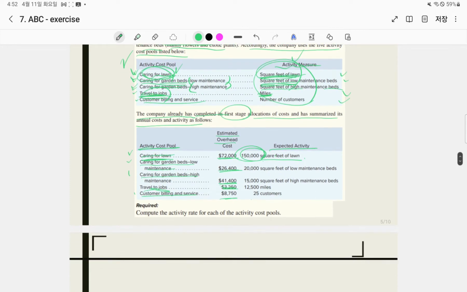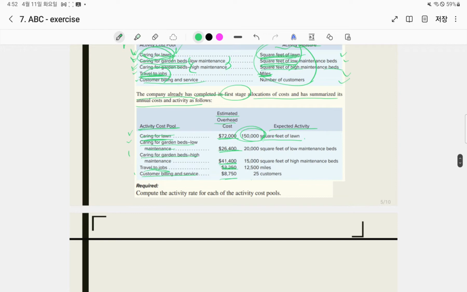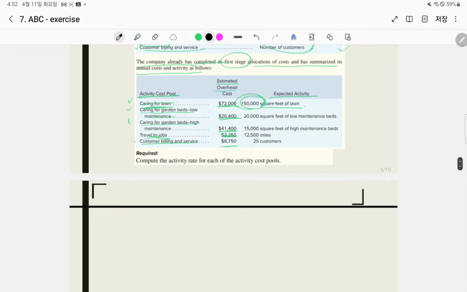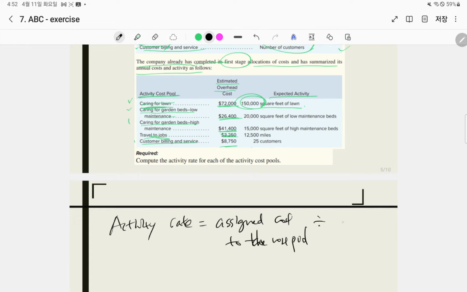Then how can you compute the activity rate? The activity rate is defined by the assigned cost to the cost pool divided by the total activity level.